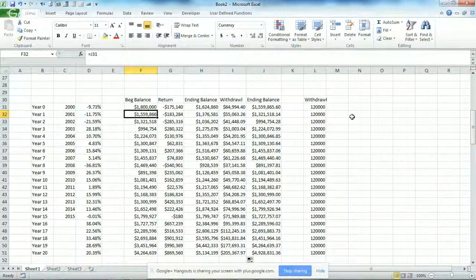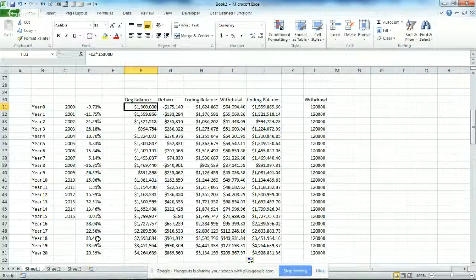So the way I see it is, let's say you decide to retire in 1999 and you put in your $1.8 million, and the market was great. It went up 20% in 1998-9, and it was up more than 25% the past few years.